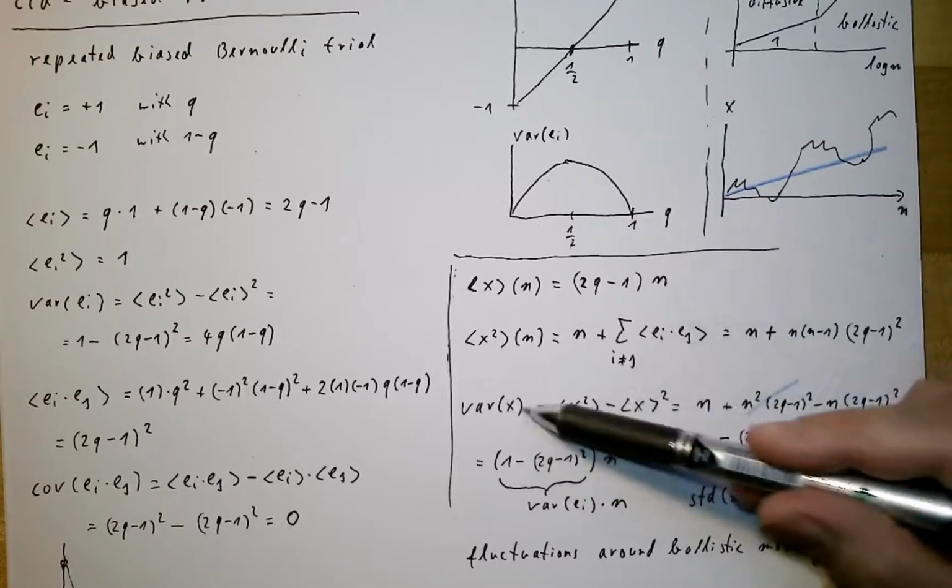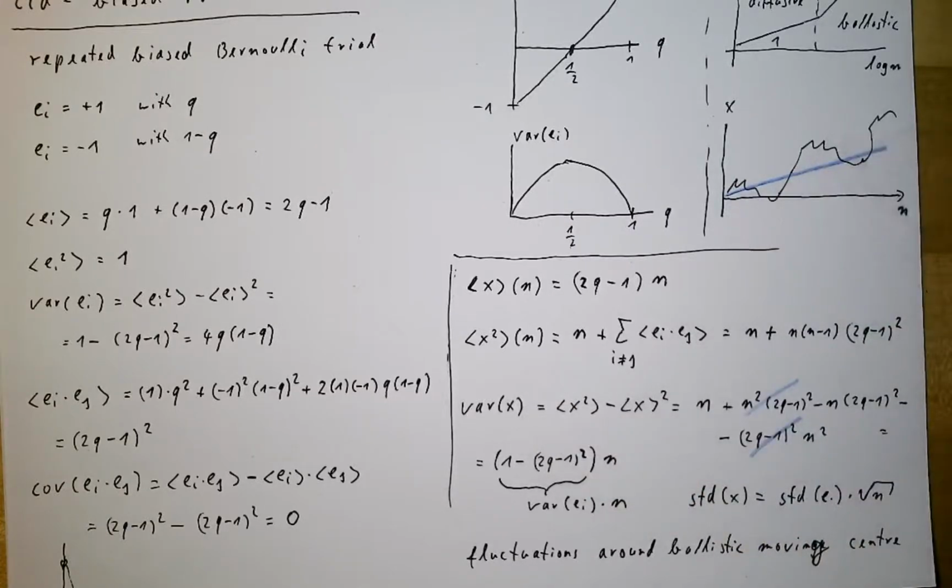And if we calculate the variance, then we see it's really just diffusion. So that was an exercise for the biased random walk.